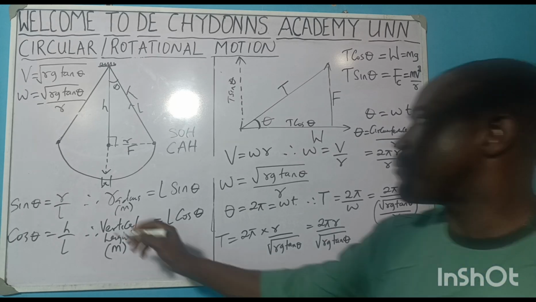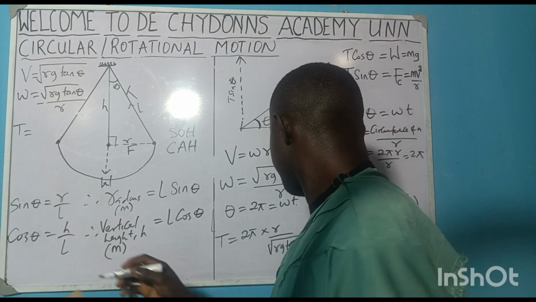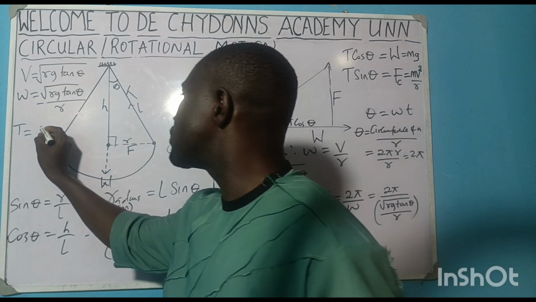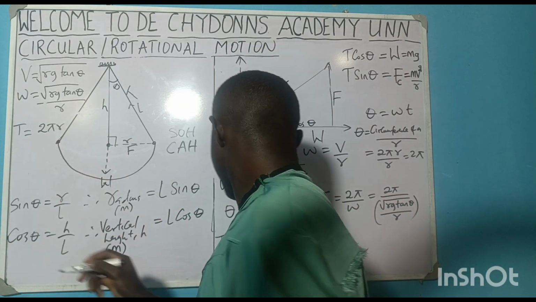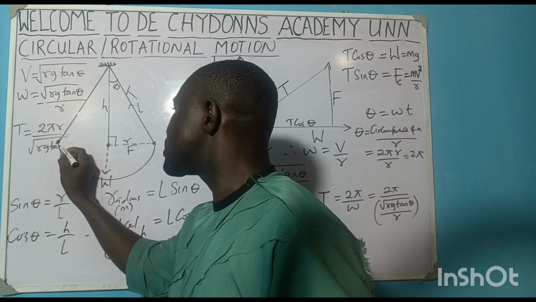So we have gotten our period to be equal to 2 pi r all over square root of rg tan theta.